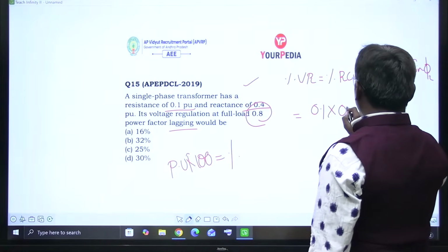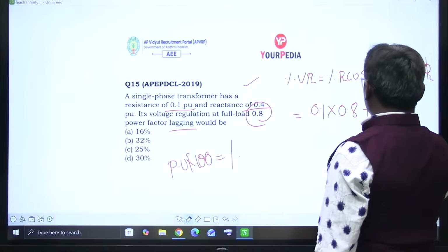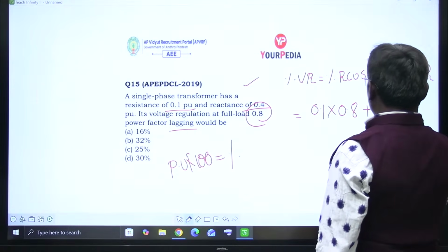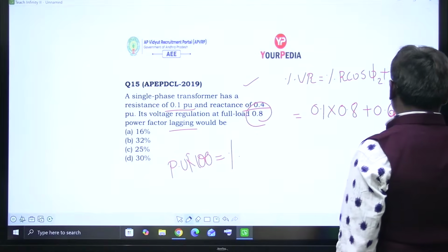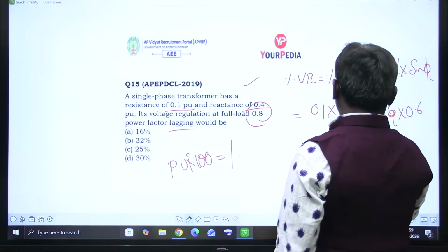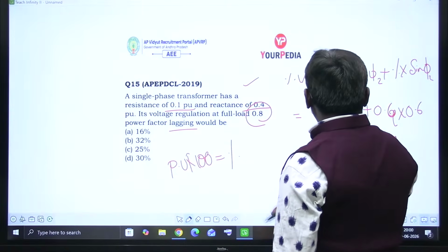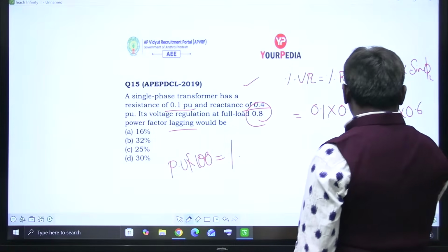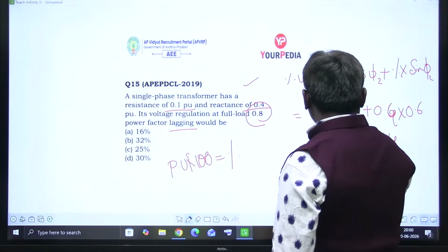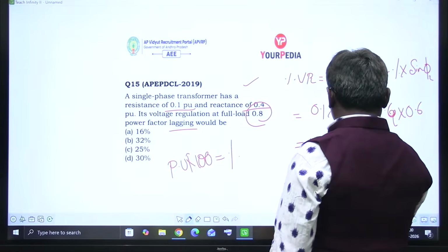So 0.1 into 0.8 is 0.08, plus 0.4 into 0.6 is 0.24. That gives 0.32.